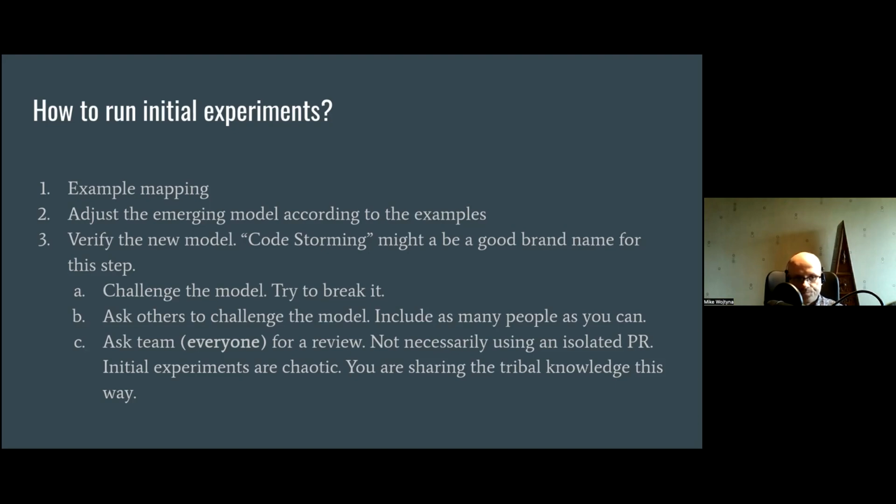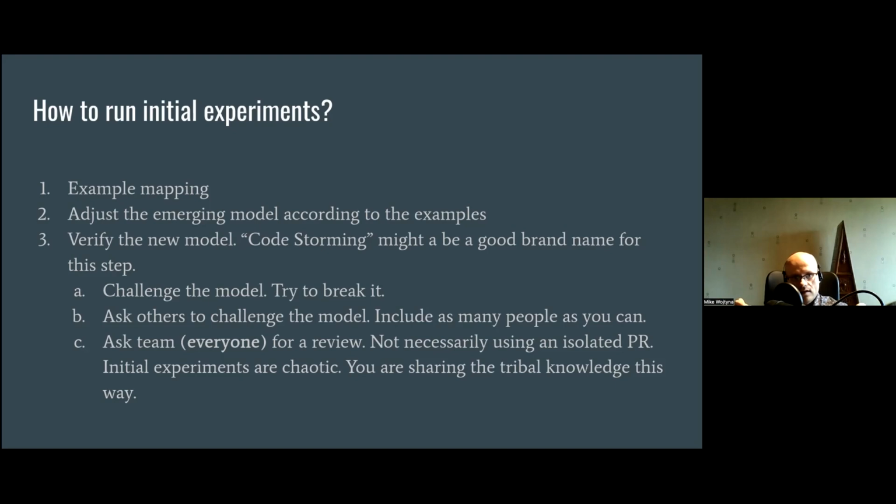So the second step is adjusting the emerging model according to the examples. And the important thing here is the word emerging, because we don't have a model yet. Actually, we have just a problem space. We have just a domain space without any solution space yet, without any model covering the needs of the business.